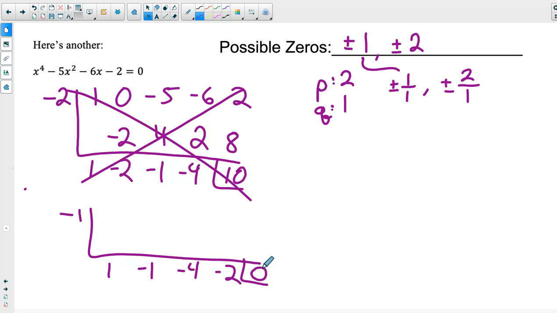Did we get 2 to work? No, but how did -1 times -2 equal out? So we can actually go through the synthetic. So I dropped it down, I get -1 right there, that's good. I multiply, I get +1, I get -4, that's good. Multiply, I get +4.